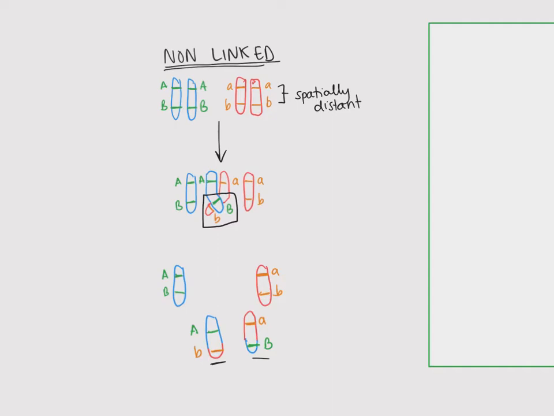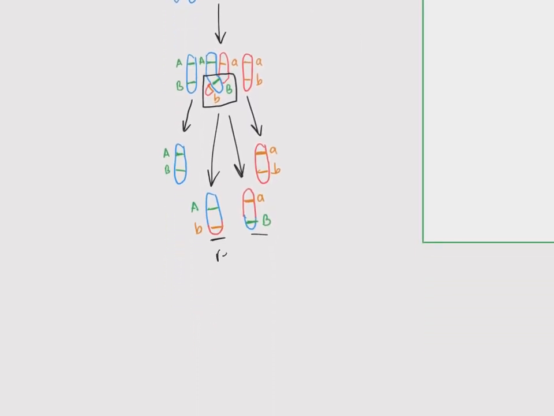So if we get independent assortment, if we get that segregation, we've got a gamete produced by the left arm of the parental gamete. We've also got another unchanged gamete chromosome formed by the standard parental arm, as we can see there. And then we've got a couple of recombinants. Okay, so remember, these are the ones that are different genetically from the parent chromosomes.